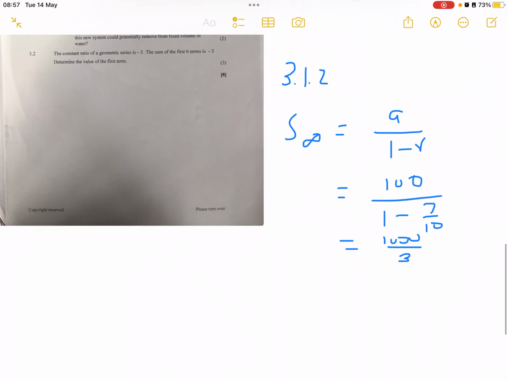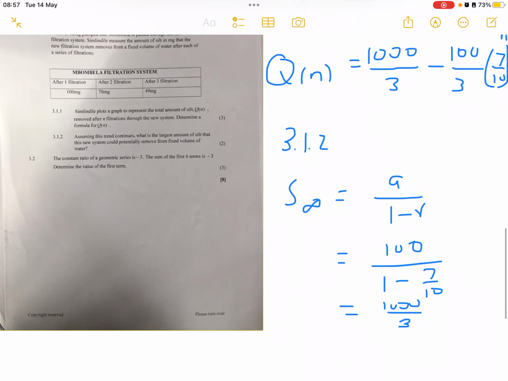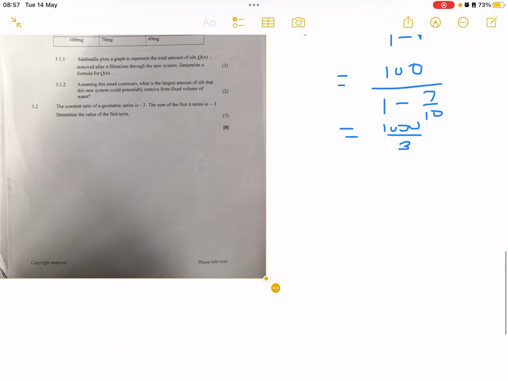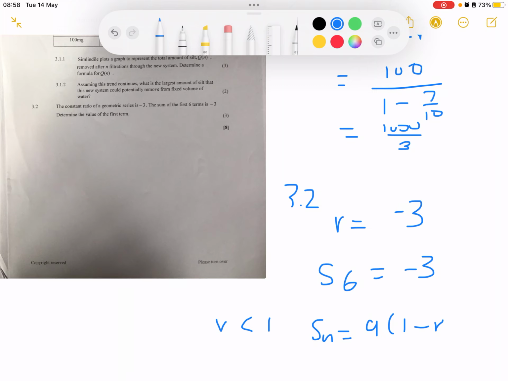The last question, which is 3.2, says the constant ratio. So we are given a ratio that is negative 3. And the sum of the first 6 terms is given as negative 3. Now, we're going to go with the formula Sn is equal to a times 1 minus r to the power of n, all over 1 minus r.